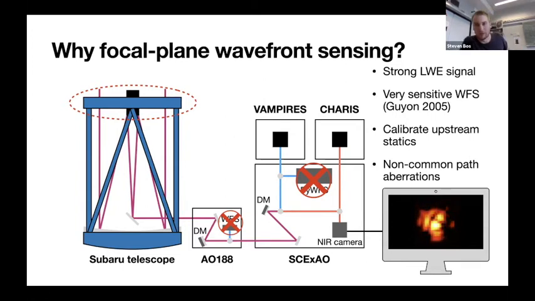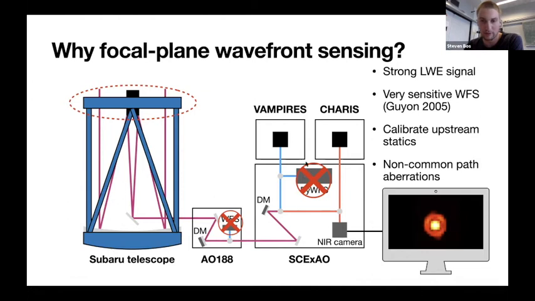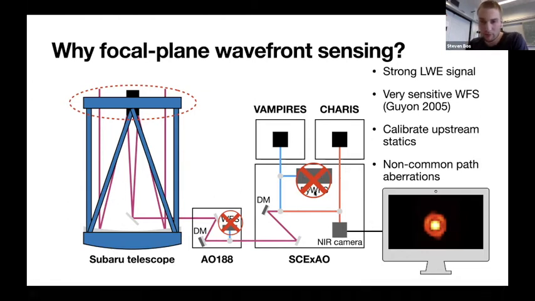And as was shown by Olivier Guyon in 2005, it is one of the most sensitive wavefront sensors out there. The nice added bonus is that it also calibrates any upstream statics that are otherwise inside the reference of your wavefront sensors, and it can also correct for any non-common path aberrations between your main wavefront sensor and your science arm.